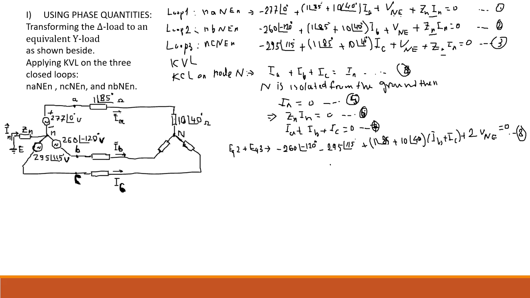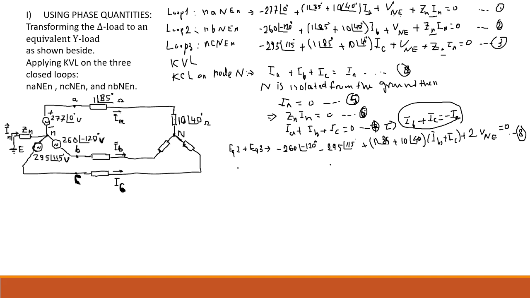As you know from equation number 7 that IB plus IC equals minus IA. Then instead of IB plus IC, we write minus IA.